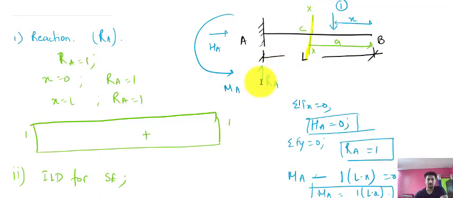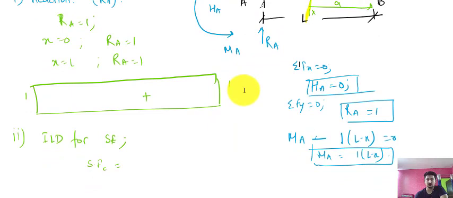Okay, and you can see that we are taking from the right hand side. When we are talking about the right hand side span, the forces that are coming downward are taken as positive.